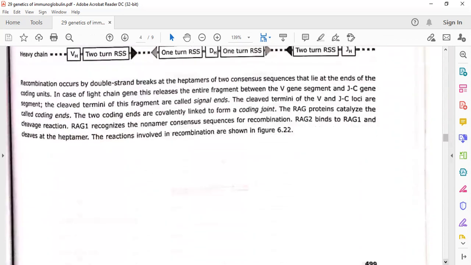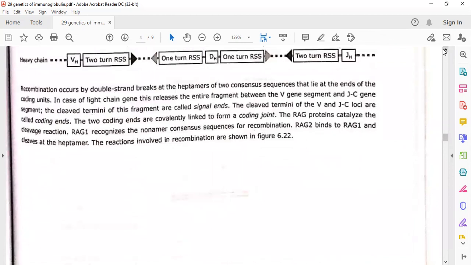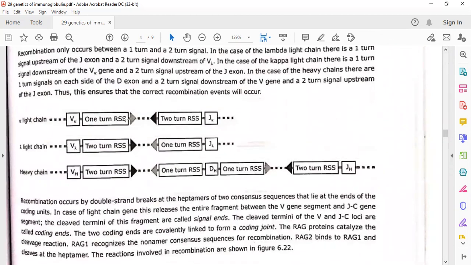Okay, so this is the basic. Here they bind in this way. If one turn recombination sequences are there, they will bind in the one turn in this pattern, and if there are two turn RSS molecules, they will bind in this manner here like this, and they will undergo the cleavage in this manner.